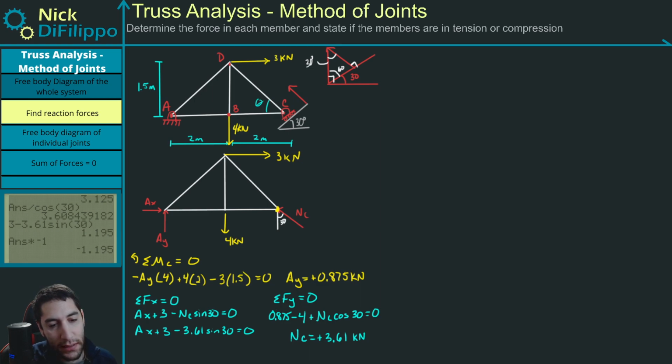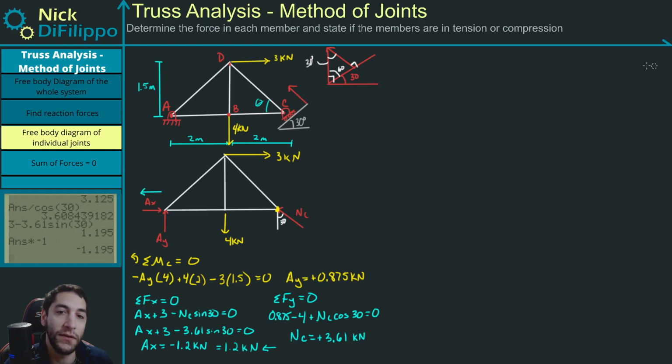So AX is actually equal to minus, we'll call it 1.2 kilonewtons. This minus sign just means that this AX is pointing towards the left. So this is equal to 1.2 kilonewtons to the left. So now we've figured out our reaction forces of this structure.